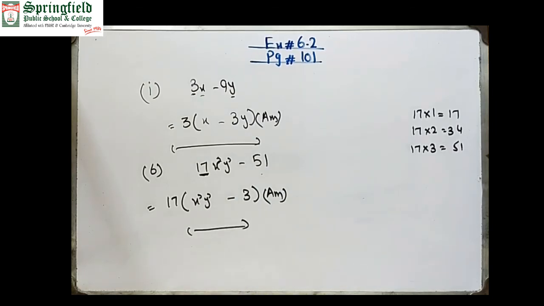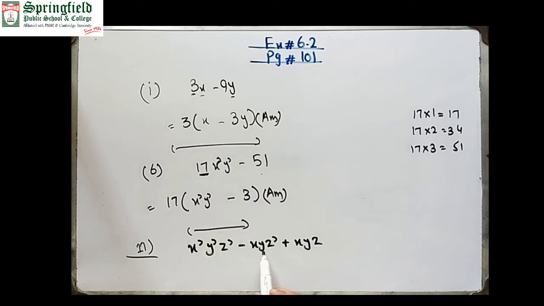Understood beta? Okay, now come to part 11. Part 11 is x square y square z square minus x y z square plus x y z. Now look here, x square y square z square. Fine, the square is the highest power of the variables x, y and z.